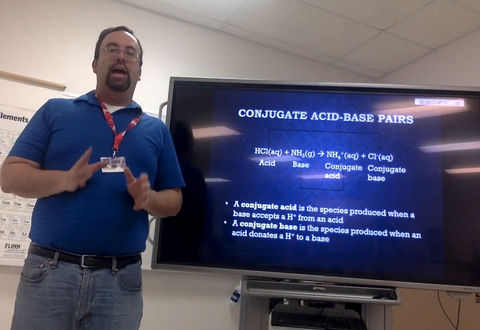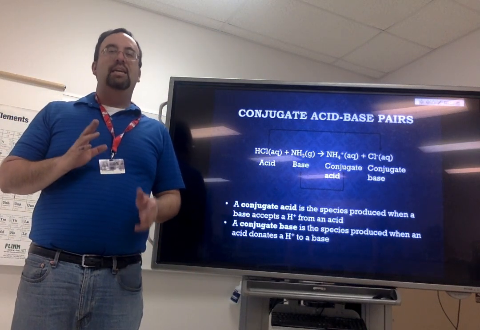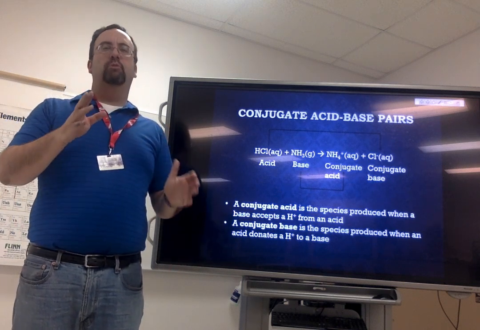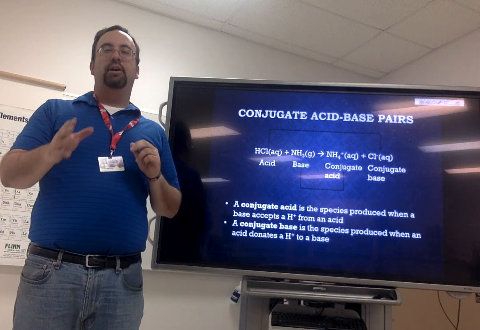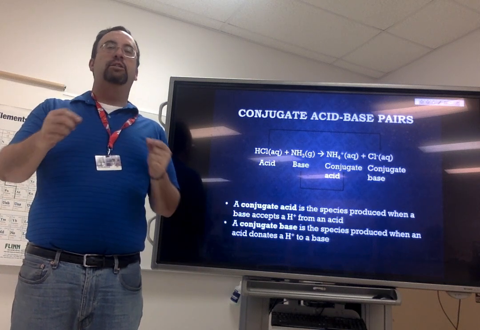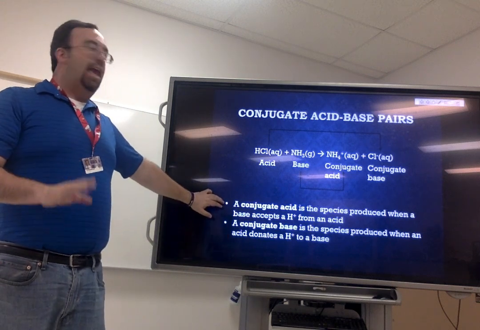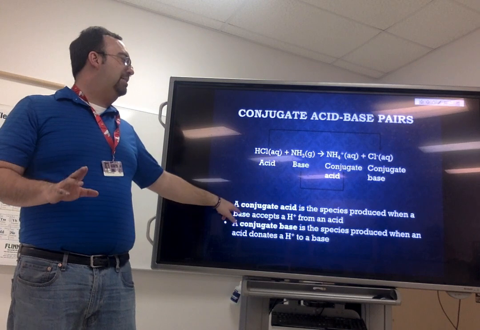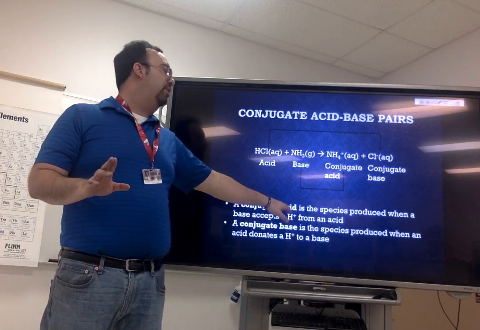Looking at these types of reactions, we can see that there are related compounds that result because of the transfer of hydrogen ions from the acid to the base. A conjugate acid is the species that's produced when a base accepts an H plus ion from an acid.